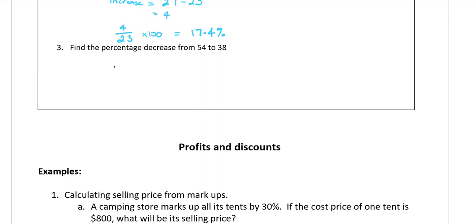Decrease. First of all, subtract the numbers to find the decrease. Whoops. So the decrease is 54 minus 38, which is 16. And now we find our percentage. So we put the 16 over which number?